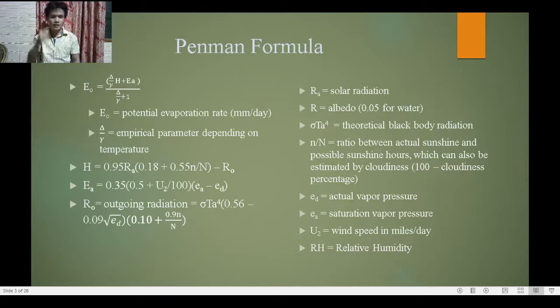So lowercase n over uppercase N is the ratio between the actual sunshine and possible sunshine hours, which can also be estimated by cloudiness.